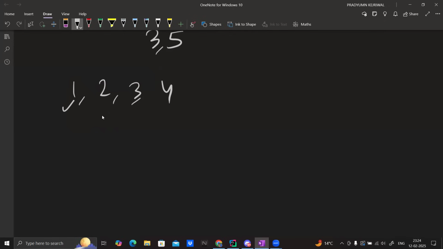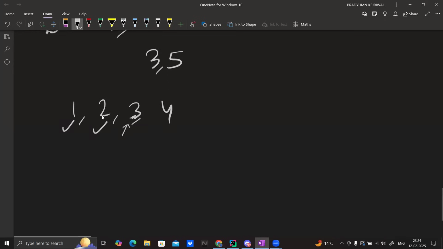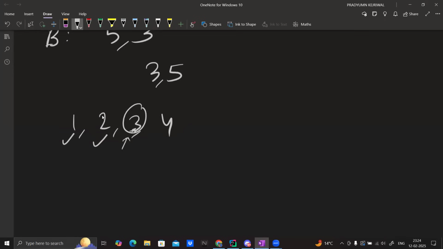right? Now I come to 2. So I cannot make it less than 2, right? So I'll still keep it as it is. Now I come to this 3. Okay. So like in this 3, we can see that if I replace it with 3 comma 5, then what will happen?